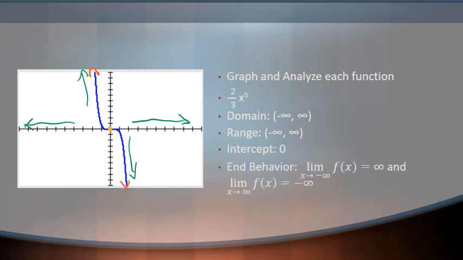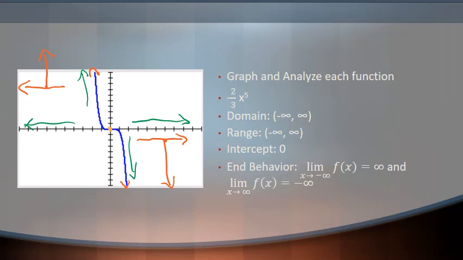Well, I can see here that as x is approaching negative infinity, f of x or y is going to positive infinity. And over here on the right side of this graph, as x is approaching positive infinity, f of x is going towards negative infinity.